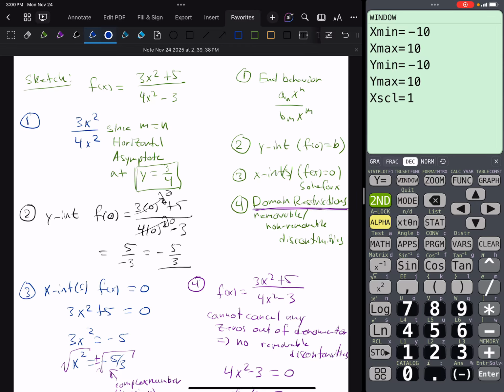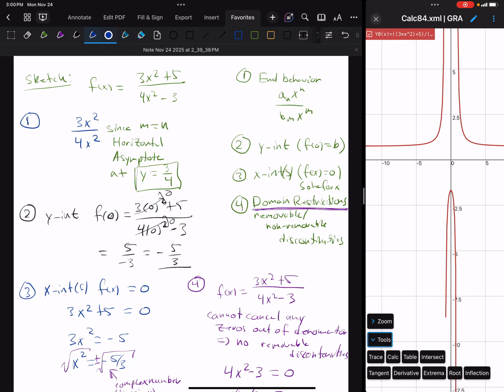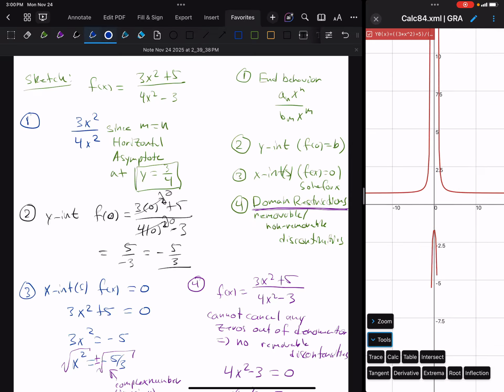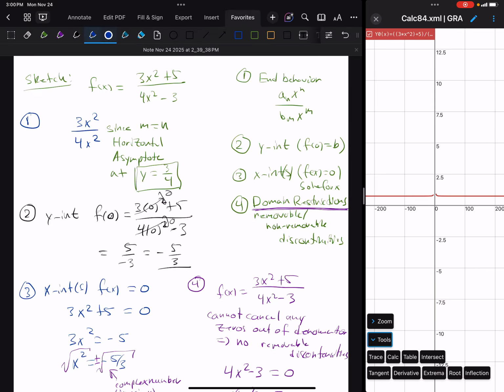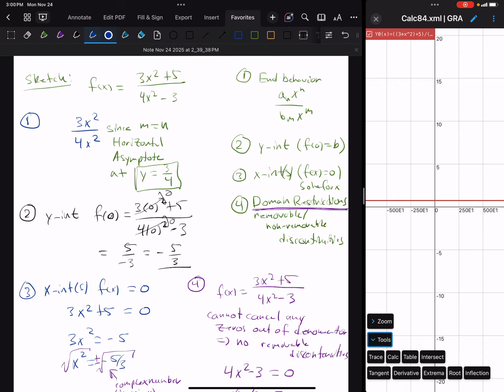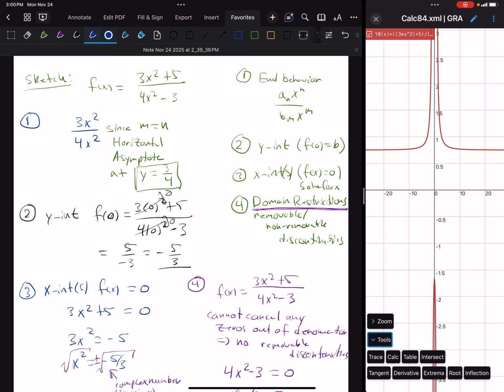And if I graph this, well, what do you know? That looks pretty good, because I've got my 2 vertical asymptotes. And if I keep going out, you can see that horizontal asymptote. It almost looks like a straight line if I keep going far enough out. That's very far out, but if I keep going far enough out, that looks like a straight line.